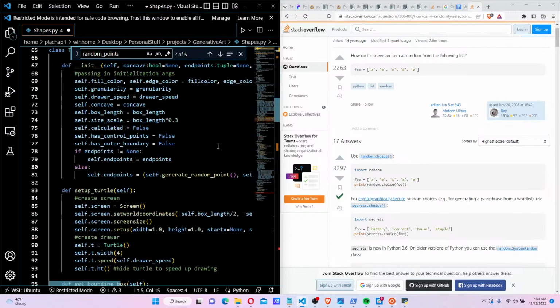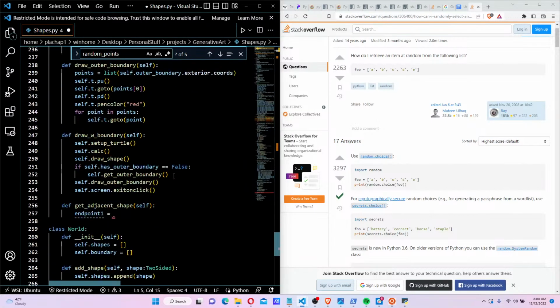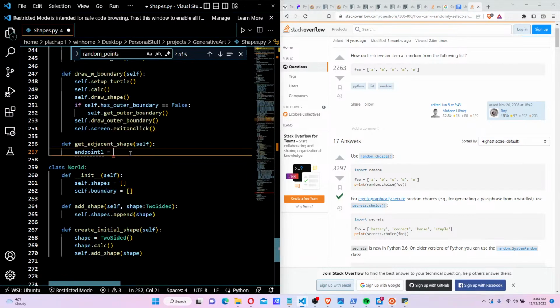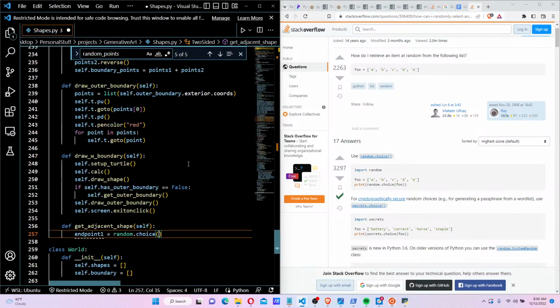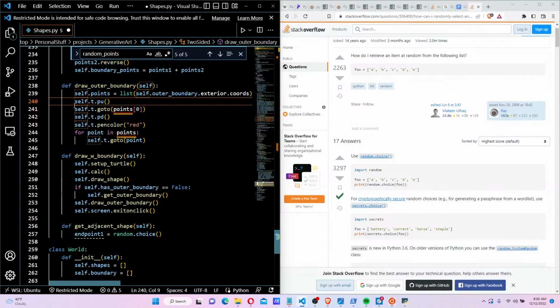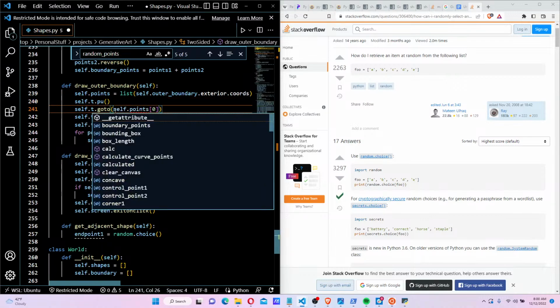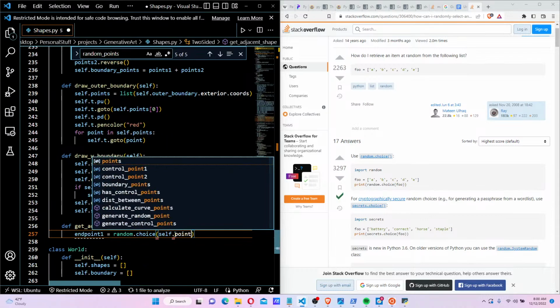Okay, now endpoint 1 is equal to random dot choice of self dot points. So endpoint 1 is a random choice. Get a random point.